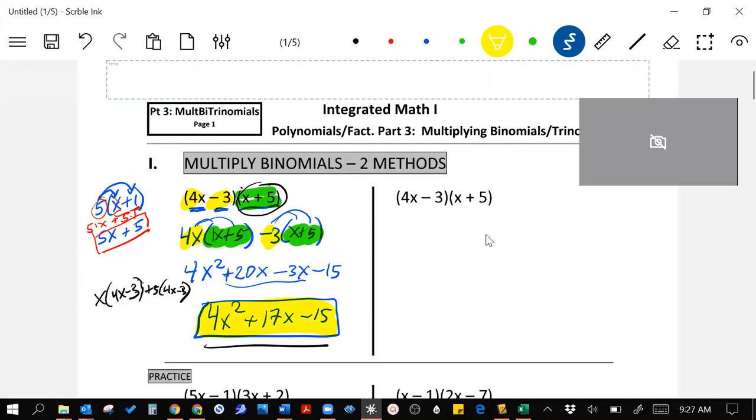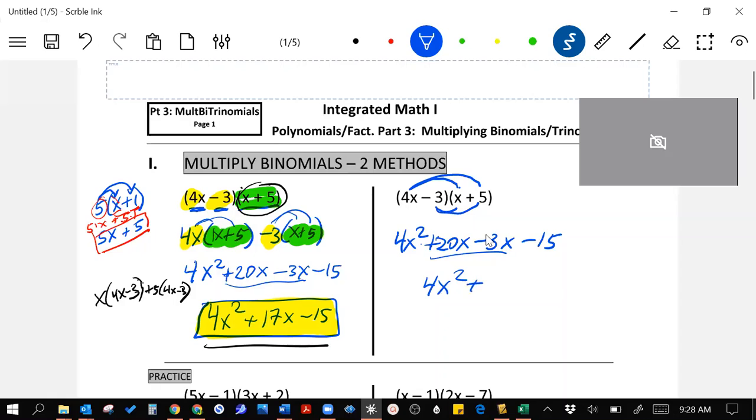Now, there's another way to do it that's the same exact concept, but if you recognize what to do, this becomes a little easier. Take the 4x and draw a little line over here and do 4x times x, which is 4x squared. Then take the 4x times the 5, and that's plus 20x. Then negative 3 times x and negative 3 times 5. And then you combine the two like terms, and it's basically one less step.